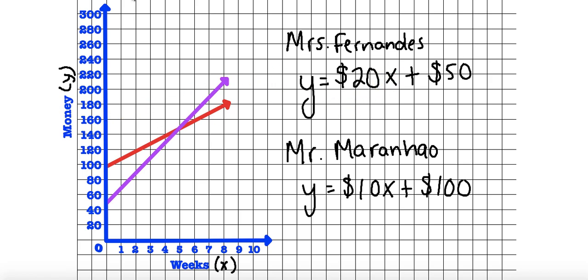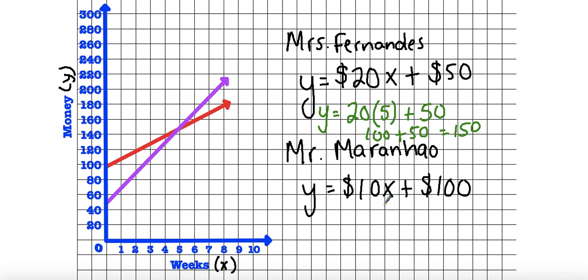So for example, if I wanted to know the amount of money I have after 5 weeks, let's use 5, I would simply substitute 5 for X, and I would have Y equals 20 times 5 plus 50, which is 100 plus 50, which equals 150, and that's our point on the graph.